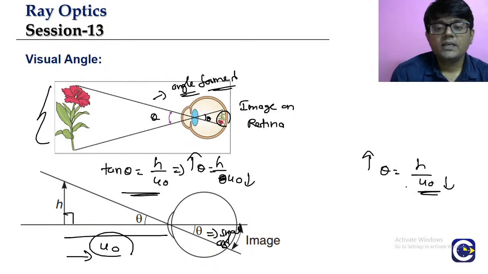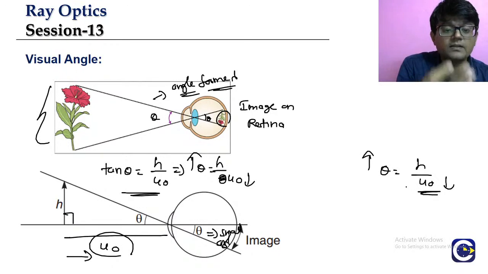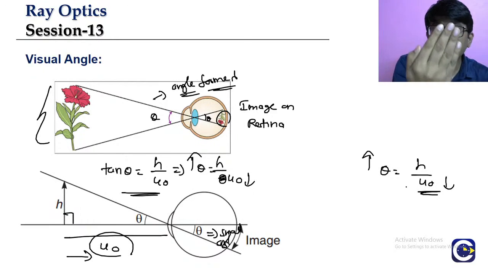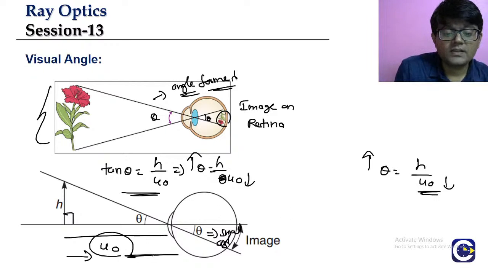But here in our 12th syllabus, we don't have the study of the eye and eye defects, but you'll study in your 10th standard that we cannot bring the object as close as we want. There is a distance from the eye.